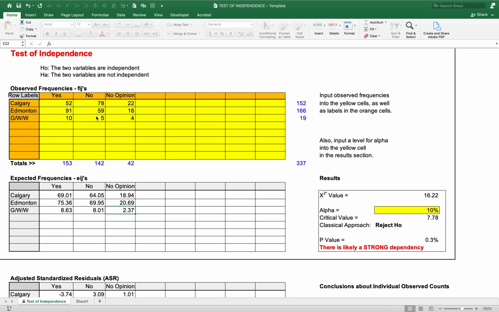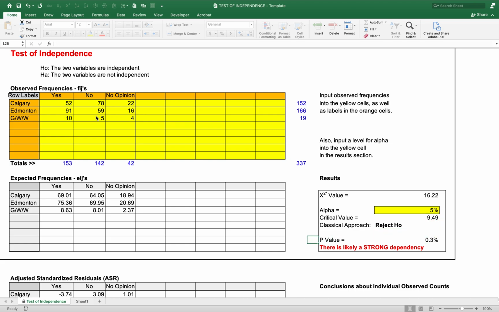So we're actually good here. So we go here and we take a look at the relationship, and it says here that there is a likely strong dependency because we end up with a high chi-square star value. My alpha, I'm just going to change that back to 5% here. That's usually what we have. But your p-value is still 0.3%.